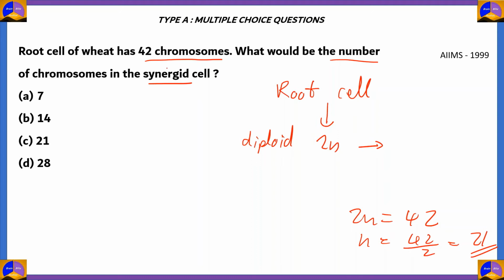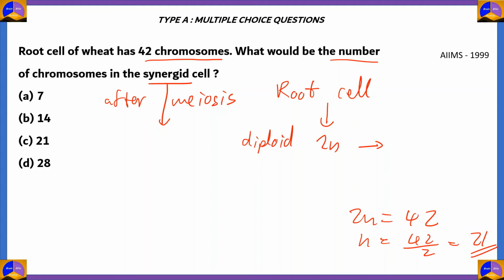Now we need to know the ploidy of the Synergid cell. Now Synergid cell is formed after meiosis inside the ovum, inside the embryo sac, inside the female reproductive system of plants, of angiosperms.